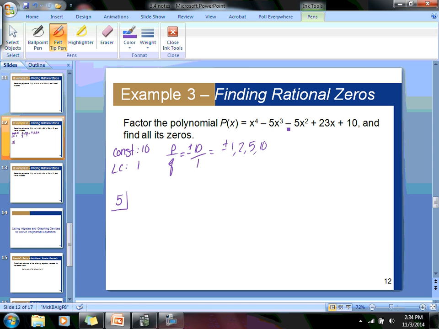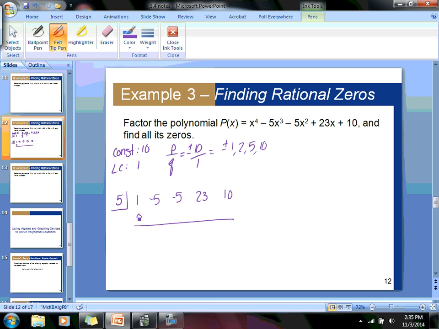And if I look at my polynomial here, I've got 4, 3, 2, 1, and then 0. So I have all terms accounted for. I have them all in descending order. So when I set up my synthetic division, I'll have 1, -5, -5, 23, and 10. Remember, those are the coefficients in front of each term.